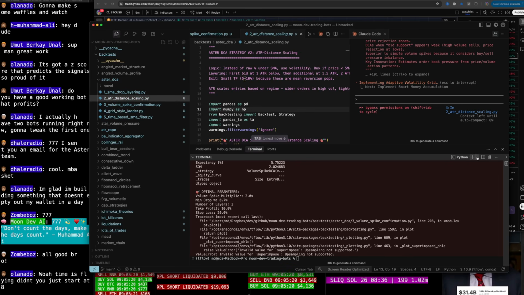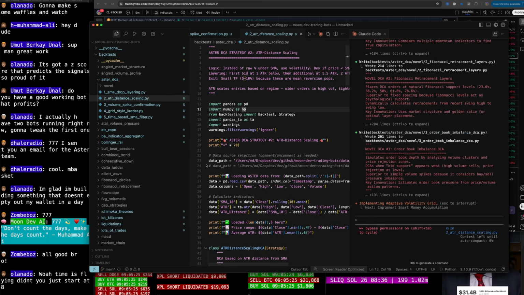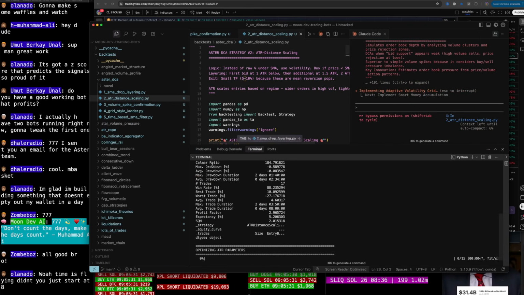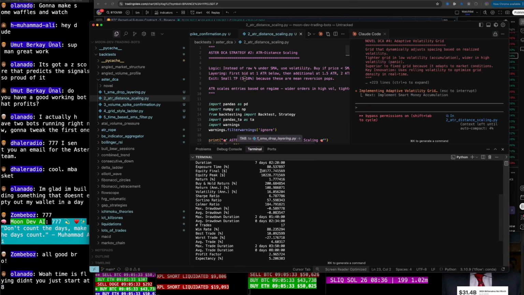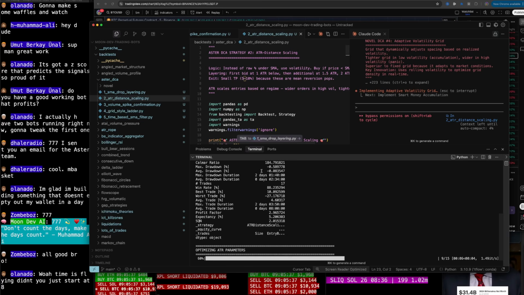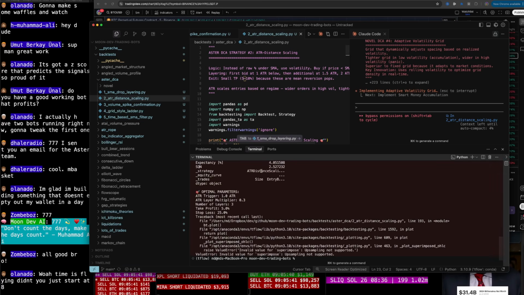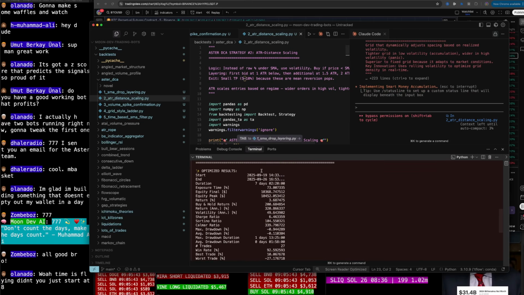Let's try this one on the 5. These aren't looking too hot, fam. 17 trades, 1.7% return. Buy and hold 200%. 27 trades, 3.6%.